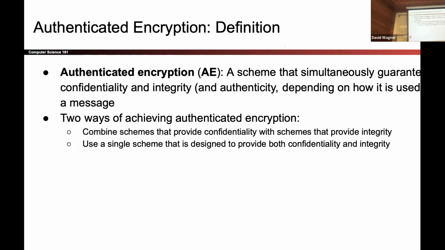What's a scheme we've seen that would provide confidentiality? Block ciphers, AES, CBC mode, counter mode, something like that. So combine one of those with a scheme that provides integrity. What would be a scheme that provides integrity? MAC, HMAC, something like that. So you can combine those two.